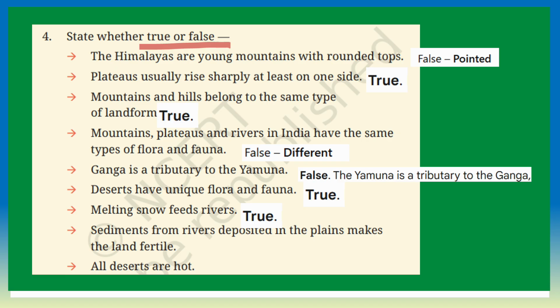Next one, sediments from rivers deposited in the plains make the land fertile. This statement is also true. This is why plains are good for farming. Then, all deserts are hot. Is it correct? False. Some deserts are cold, like the Gobi and Antarctica.